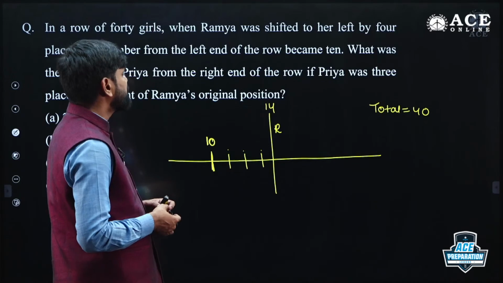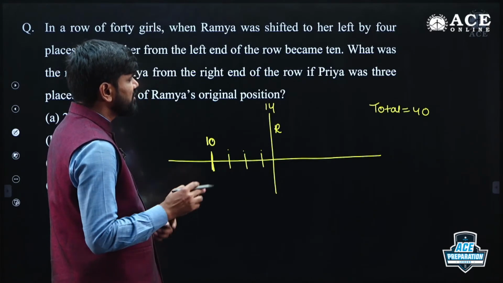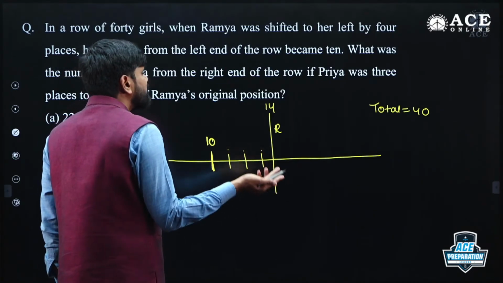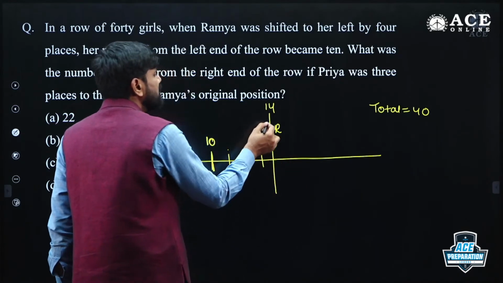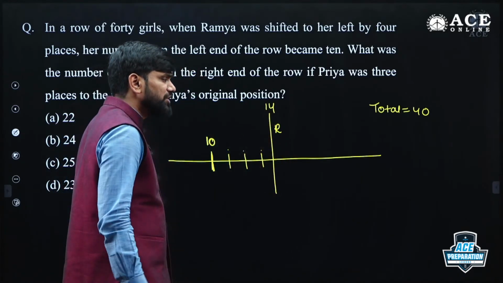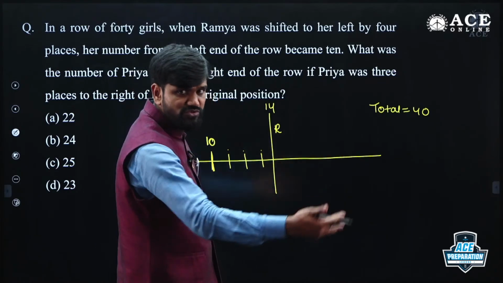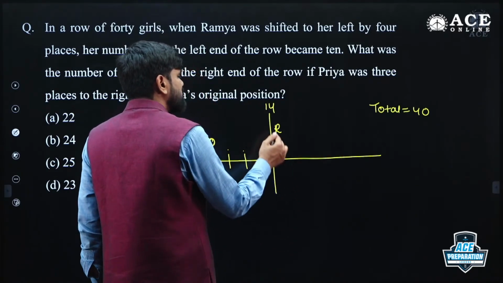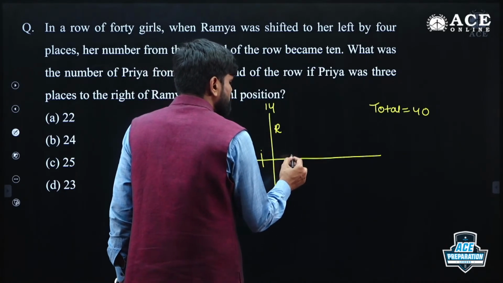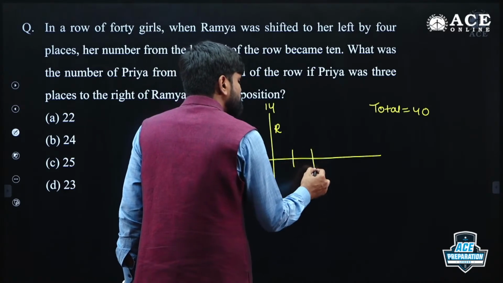Next. What was the number of Priya from the right end of the row if Priya was 3 places to the right of Ramya's original position? Ramya's original position is 14th from the left and Priya is 3 places to the right of it: 1, 2, 3.